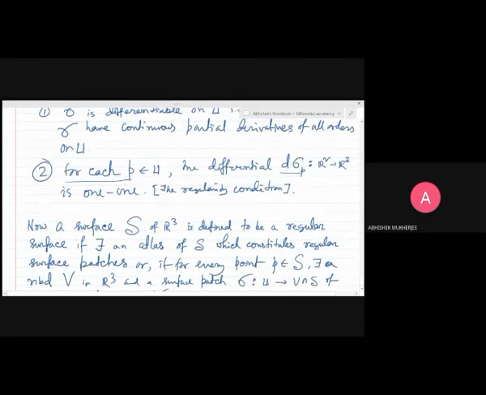Now we see the condition 2. What does it tell you? That for each p belongs to U, the differential is 1-1. So what does it tell you? It is the following.